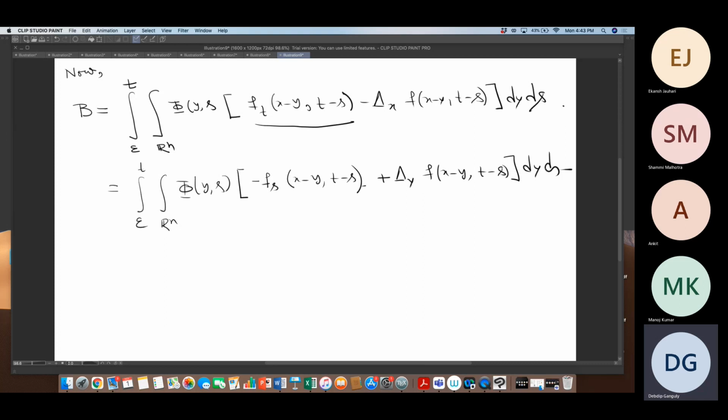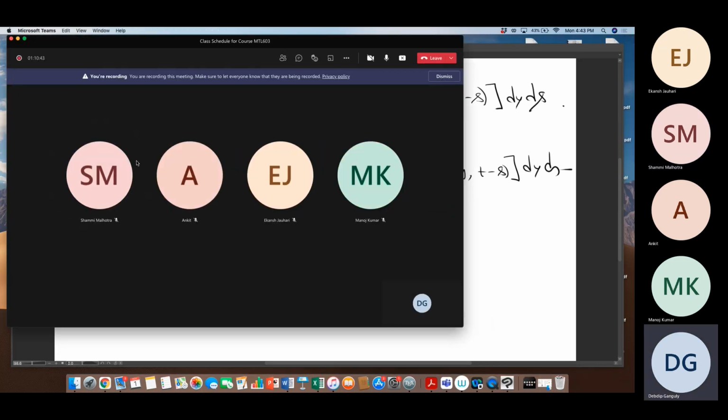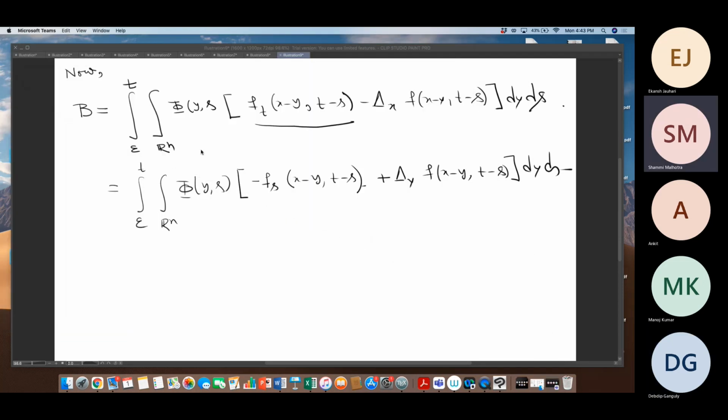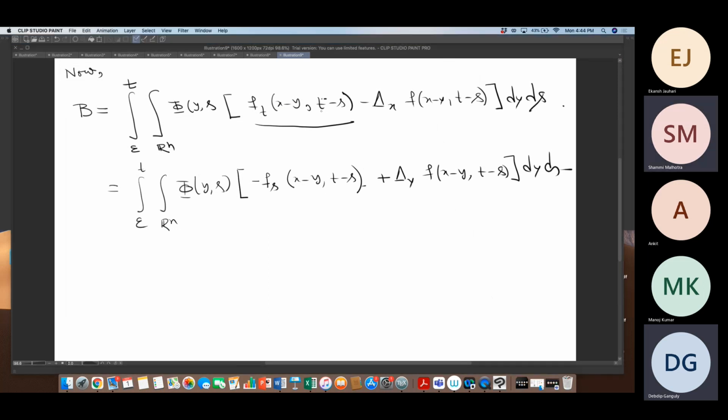If I change t to s, then f_t plus f_s equals 0, yes or no? Is that clear? This is the derivative with respect to time, this variable t. Like that it will be changed into minus of f_s. Same with respect to x also.